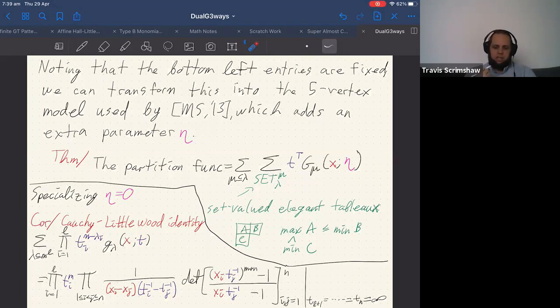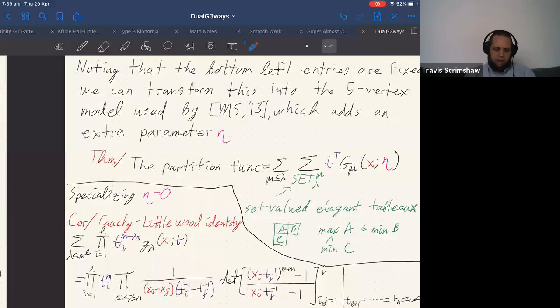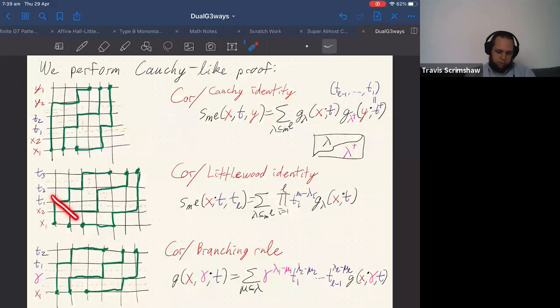I've not done anything that you couldn't do with the combinatorics. So to actually make this a little more interesting, because of the non-intersecting condition, everything that occurs in this triangle is completely fixed.